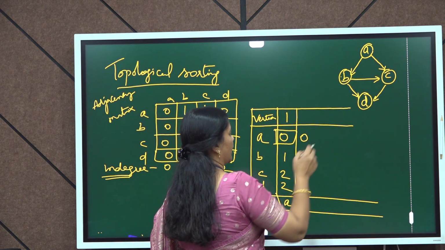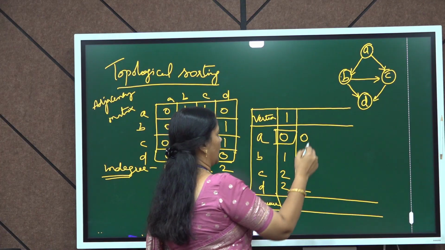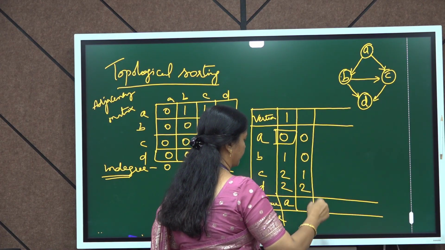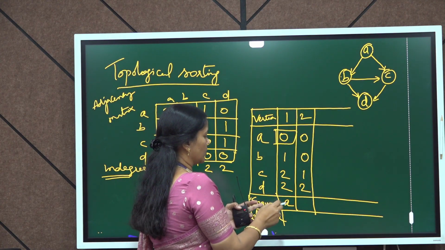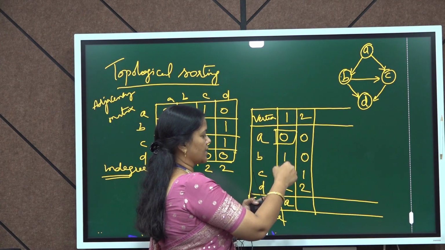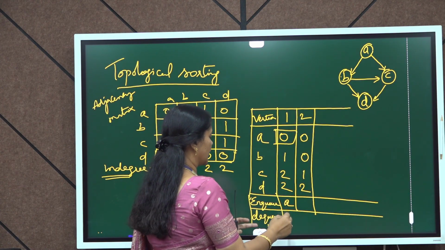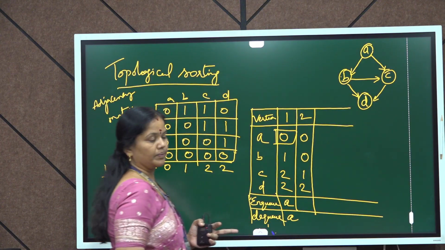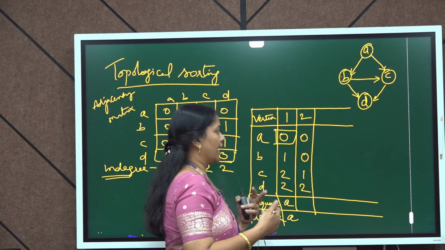After reducing the values of its adjacency by 1, I have to repeat the step. Once I find out the adjacency, I have to remove this vertex and insert it in the DQ.